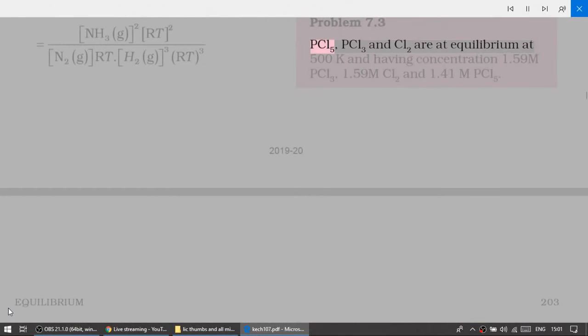Problem 7.3. PCl5, PCl3 and Cl2 are at equilibrium at 500 K and having concentrations 1.59 M PCl3, 1.59 M Cl2 and 1.41 M PCl5.